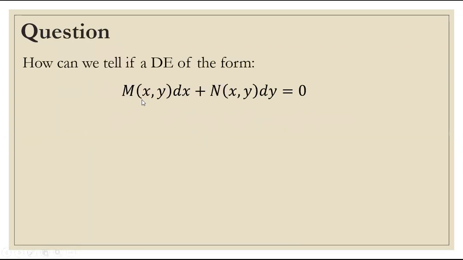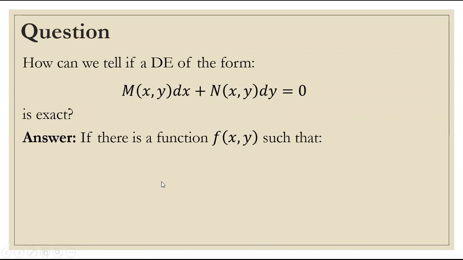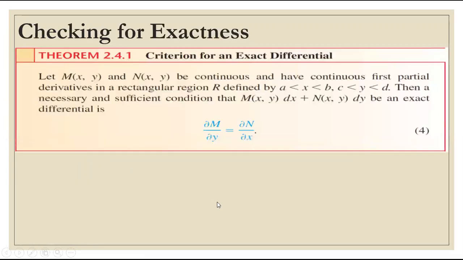If I have an equation like this, which is in differential form, now is this equation exact or not? How to check if a differential equation in differential form is exact or not? I should follow the following theorem here.